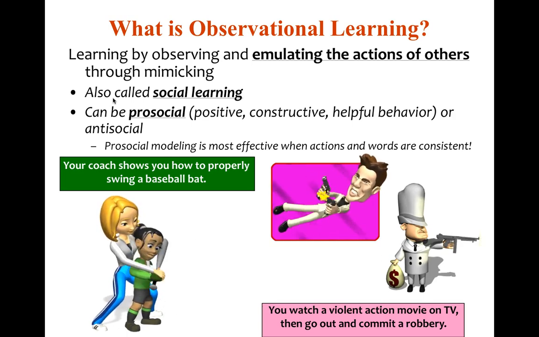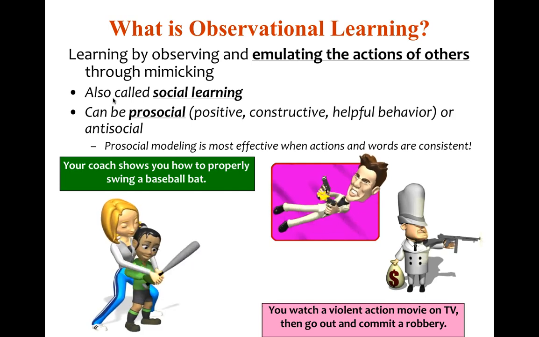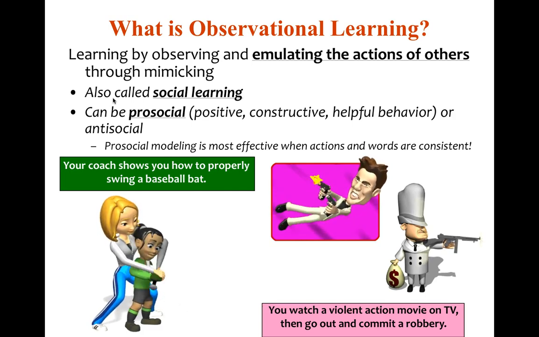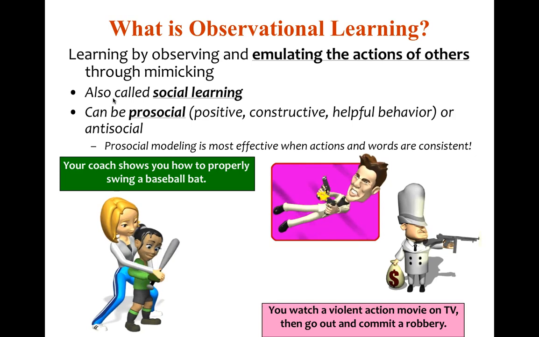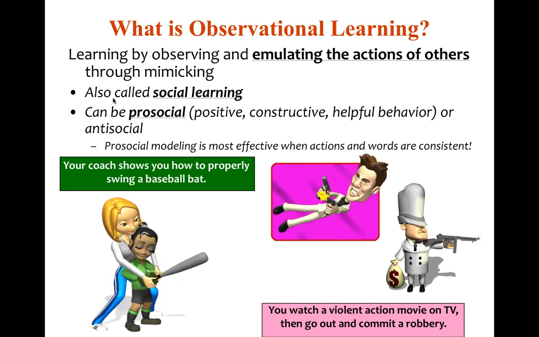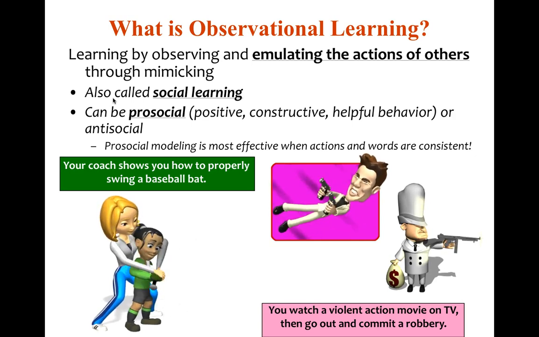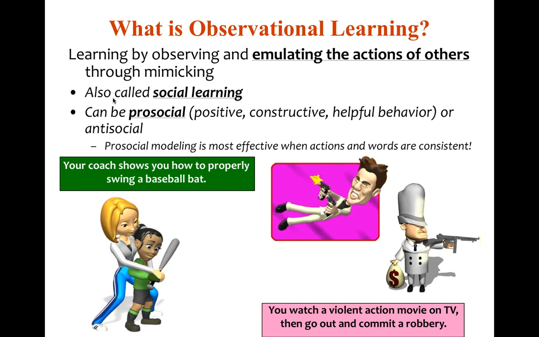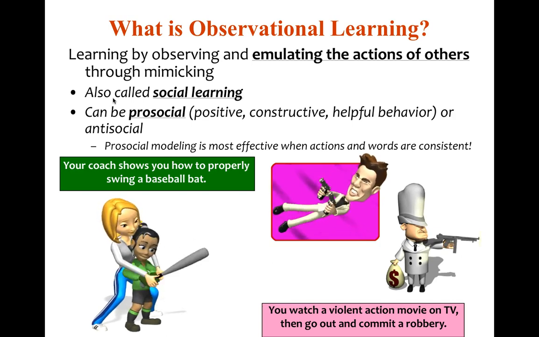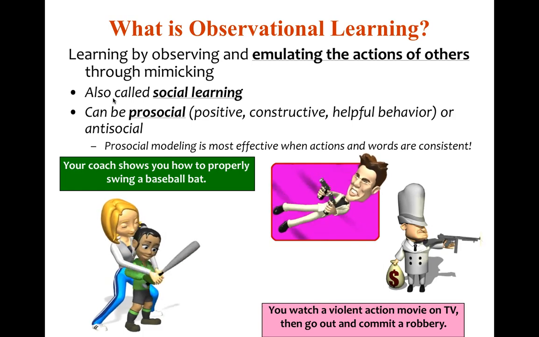Remember, one of those forms of scaffolding was modeling. Another key component of Bandura is being an effective model, and we're going to talk more about those aspects of effective modeling. But again, think about you as a teacher. If I'm modeling in the classroom, am I just talking about it, or am I showing it also? Am I doing what I'm also saying?